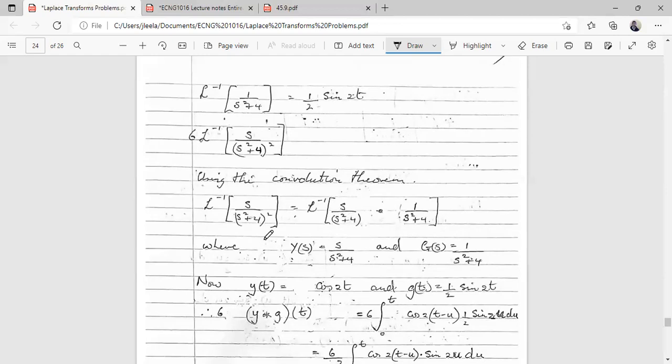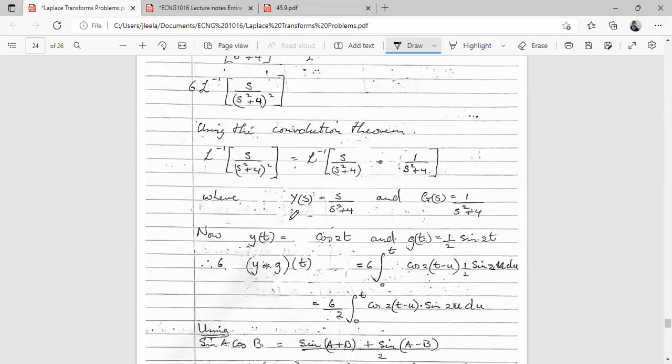Right? So how do you go about using this theorem? I have it written down here. You break up the Laplace inverse of s over s squared plus 4 squared into s over s squared plus 4 times 1 over s squared plus 4. When you multiply, obviously, you'll get back this here. You call one of the functions Y(s), and the other one G(s).